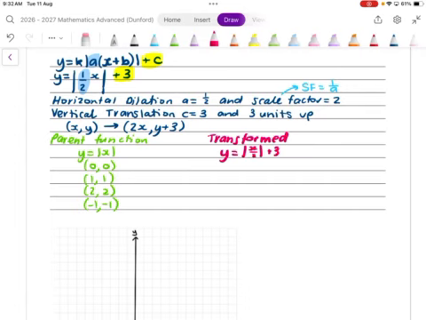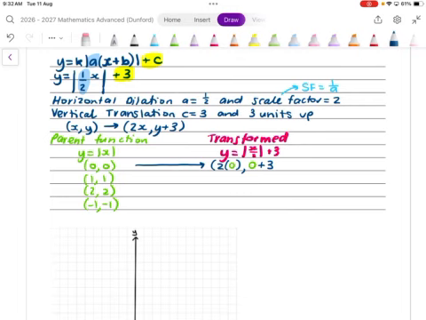Sorry, my pen's gone weird. So in order to get to our transformed function, it is going to be 2 lots of our 0, 0 plus 3.